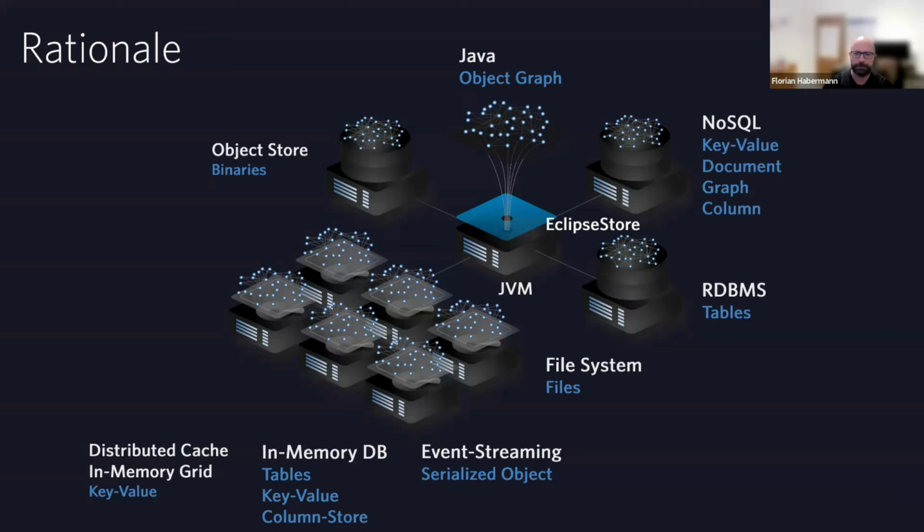And the upside is, of course, you only have to create one data model, your Java object graph, and no foreign format anymore. There's no more impedance mismatch, no more mapping, and no more loss of performance through mapping, of course. And that's what makes an in-memory computing paradigm possible in Java, basically.